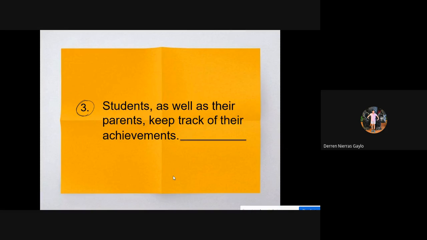Number three, students as well as their parents keep track of their achievements. So here, students and the parents know the progress. The answer here is communicated. There is a communication between the teacher and the student and the teacher and the parent in terms of the learner's progress. Communicated, number three.